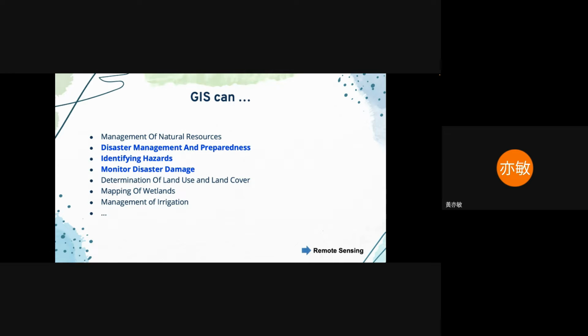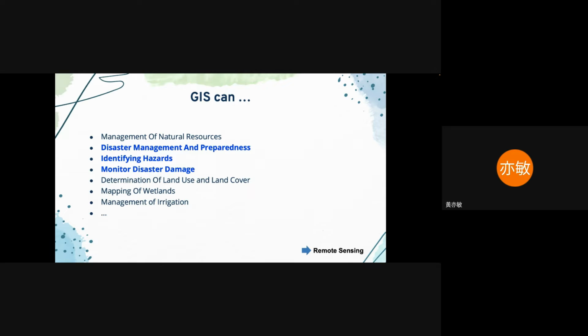So, well, probably most of you can understand, GIS can help you with disaster management, identifying the hazards, and monitoring the disaster damage. I highlight these 3 useful, most commonly used subjects for GIS application. And I want to emphasize that GIS is helpful and useful because it can put all this information into a map.